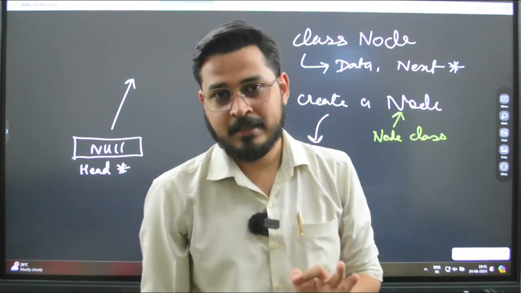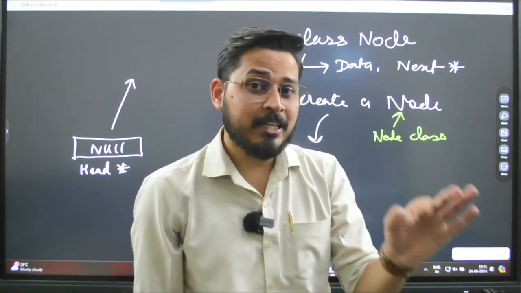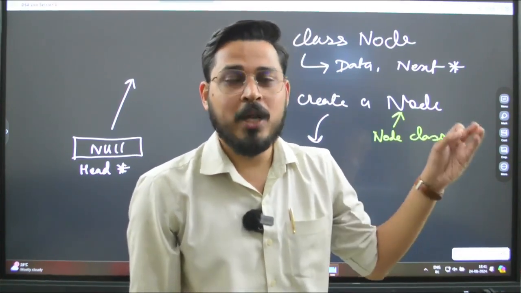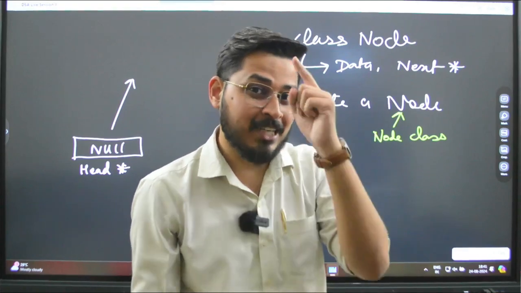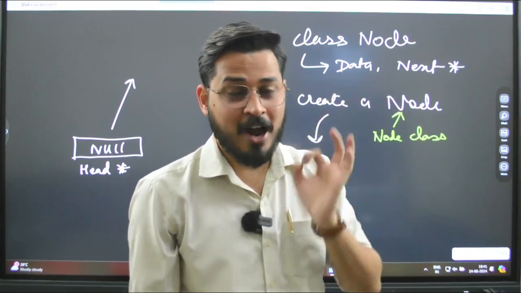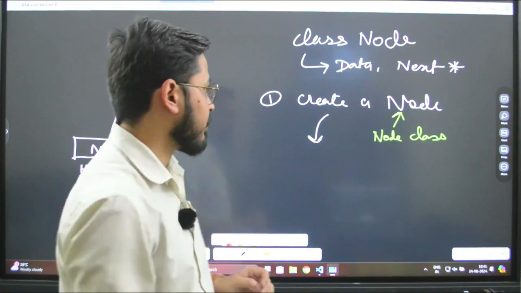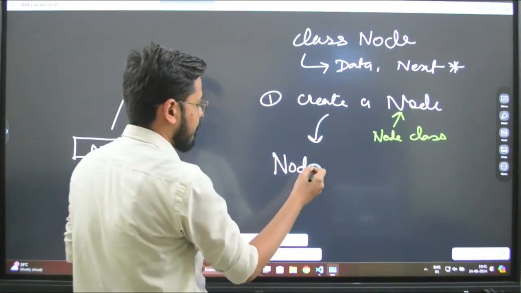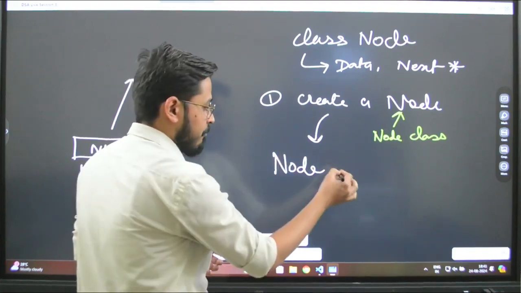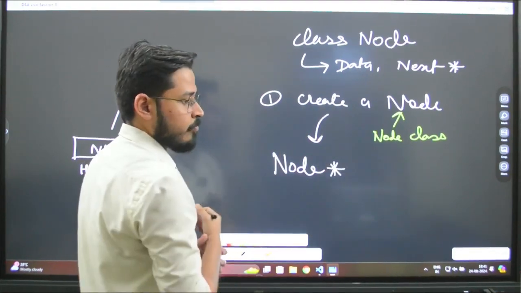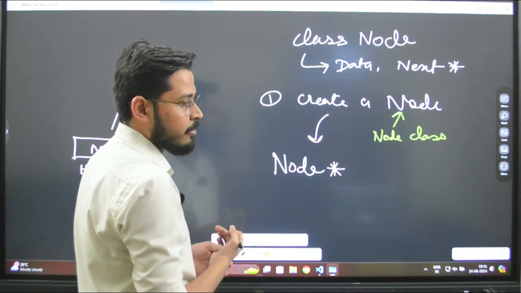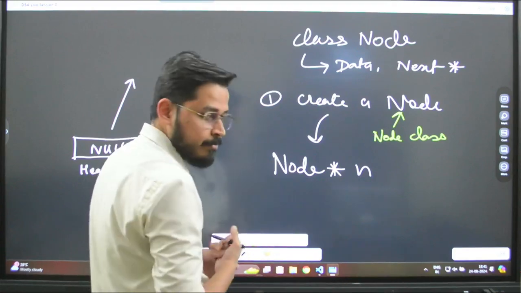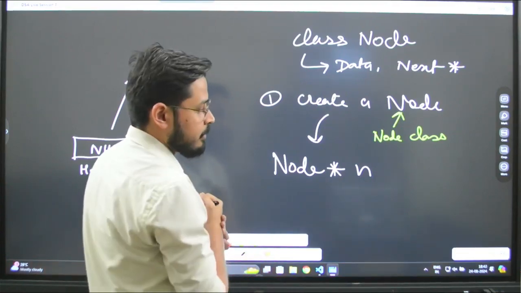As simple as that. Here the syntax of creating the object of the node class will change from how you write it in Java. Here you add a pointer. If I want to create a node, I will write the node class, then a pointer, then n, the new node, the object.